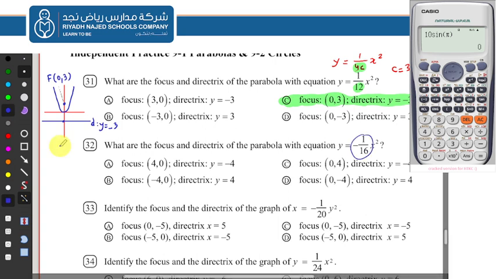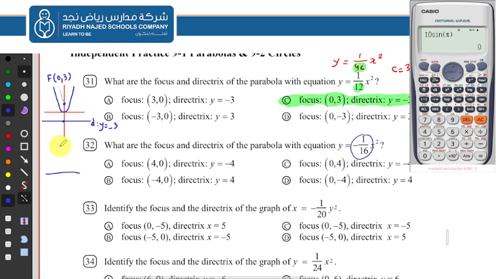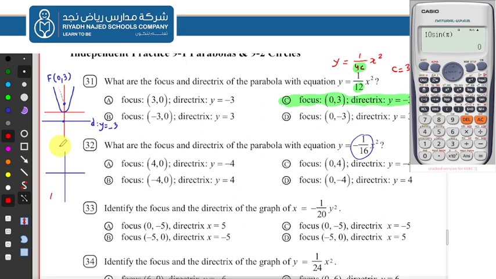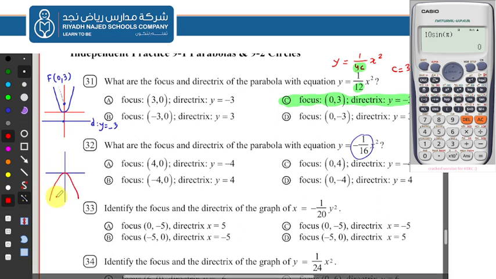Since this part is negative, the parabola is opening down: vertical, y equals, and opening down. So it is something like this, and the focus is somewhere here. But how to find the coordinates of the focus using the formula?